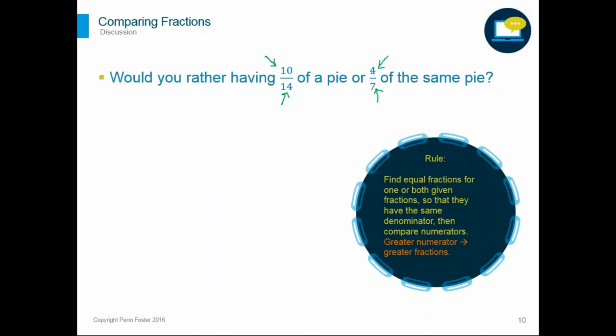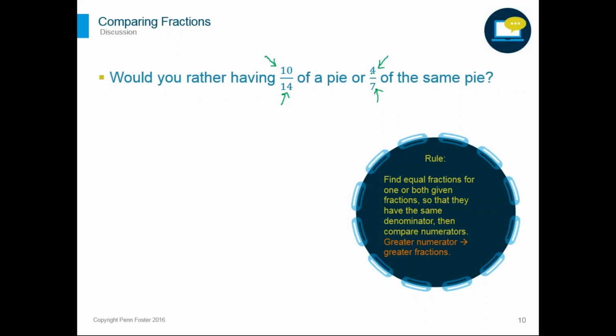Compare the offerings from both pies. If you want a lot of pie, you look for the fraction of the larger value. If you are not the kind of person who likes sweets, then you look for the smaller fraction. Still, you need to compare.